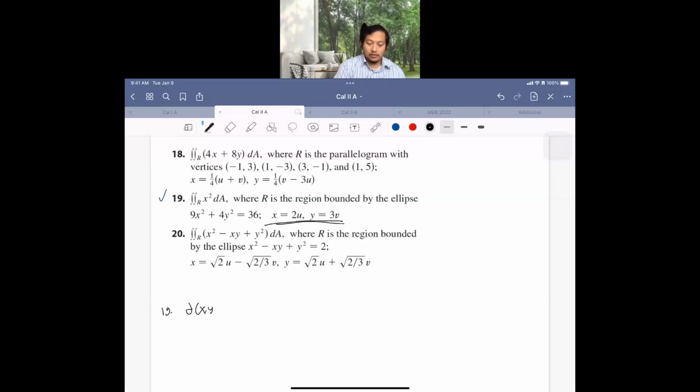So Jacobian, since it's just 2u and 3v for each x and y, we will have just 2, 0, 0, 3, so it will be 6. All right, and then we have the ellipse.